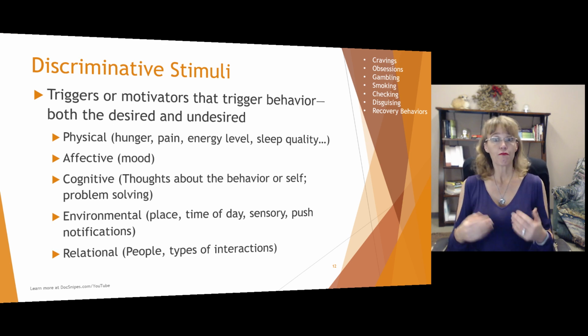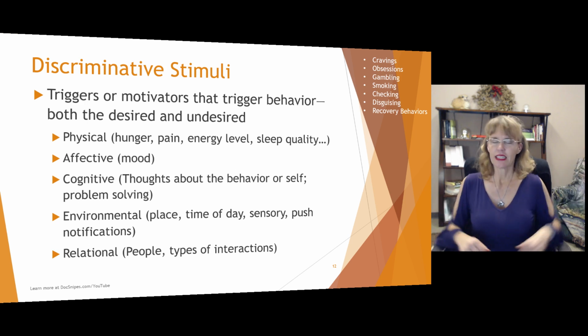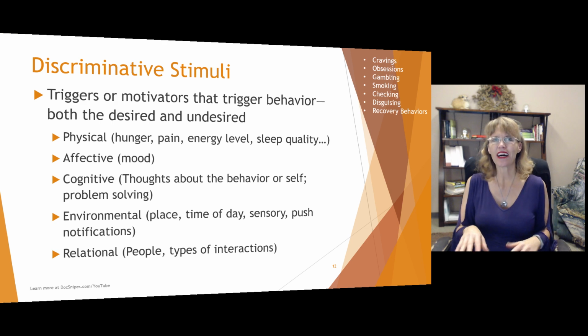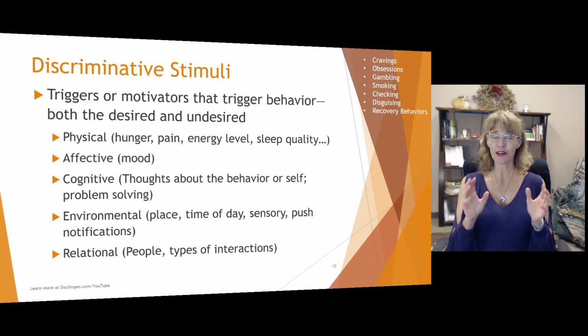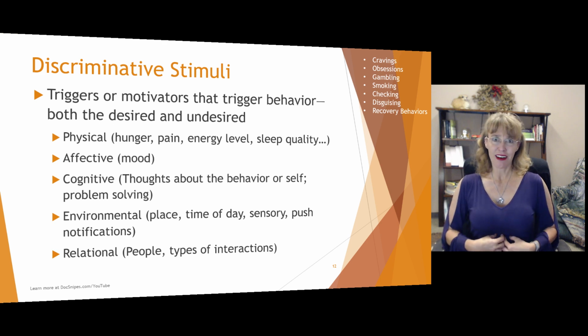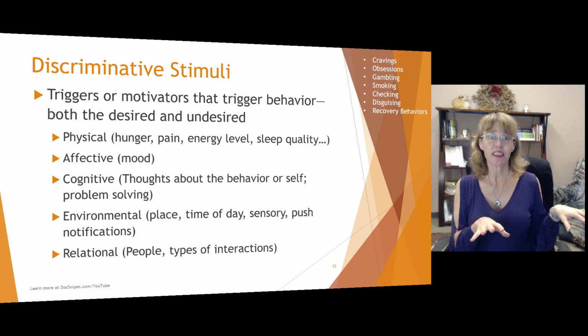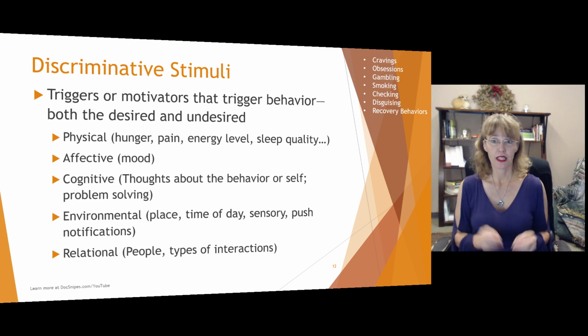So hunger may be their trigger. Hunger can also be a vulnerability, but you're getting down in the weeds if you worry too much about which is which. What you want to do is say, okay, if I start feeling really hungry, regardless of whether it's a vulnerability or a trigger, that's not good for me. And I need to figure out how to prevent myself from getting over hungry.